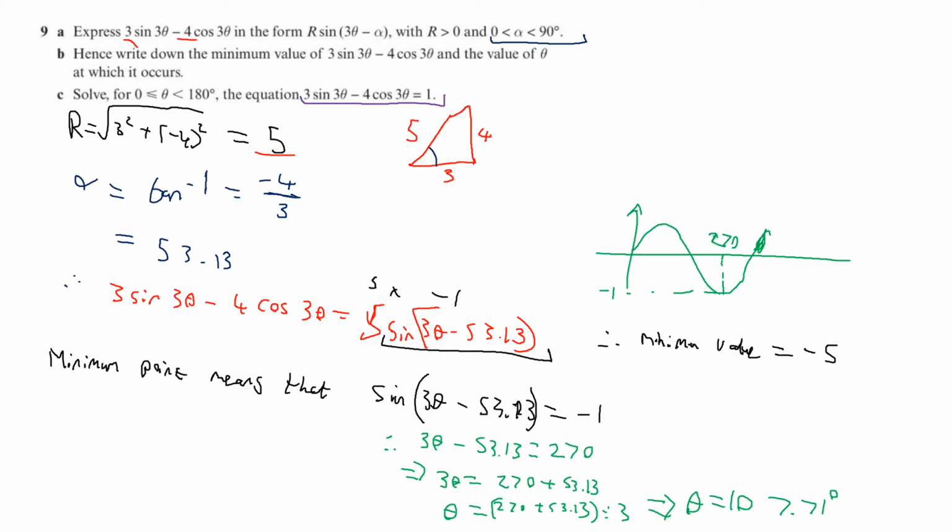Now what we can do is solve the equation, but this time it equals 1. How are we going to do that? Well, if 3 sine 3 theta minus 4 cos 3 theta is equal to 1, then 5 sine (3 theta minus 53.13) is equal to 1.